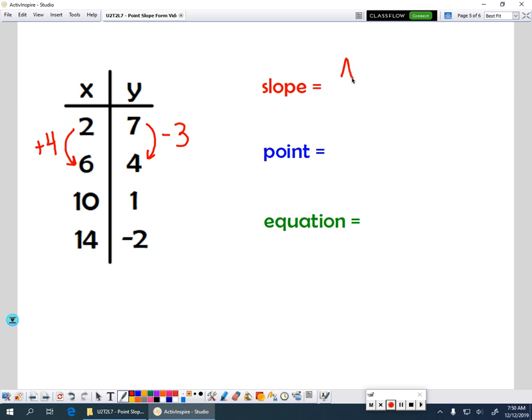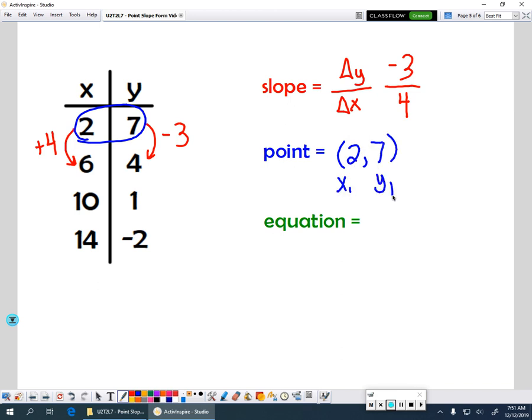So again, if I look for change in y over change in x, my slope is going to be -3 over 4. Now, in this table, I have 4 different ordered pairs, 4 different points that I can pick. I can pick any one. So just pick one, and that's going to be your x and your y. And then again, now you have a slope, now you have a point, we just plug them in.